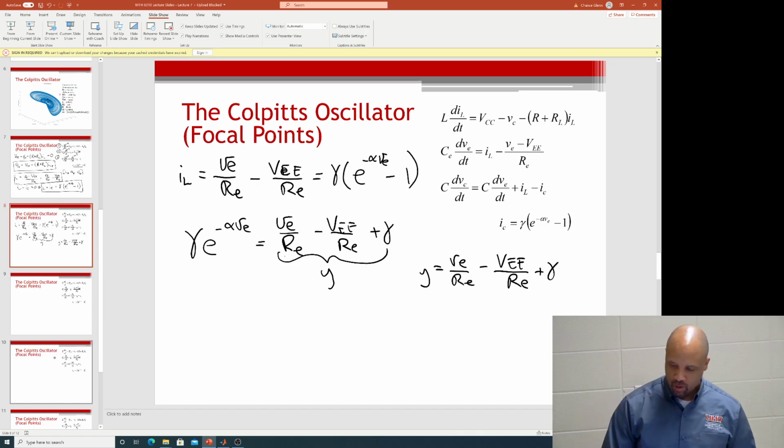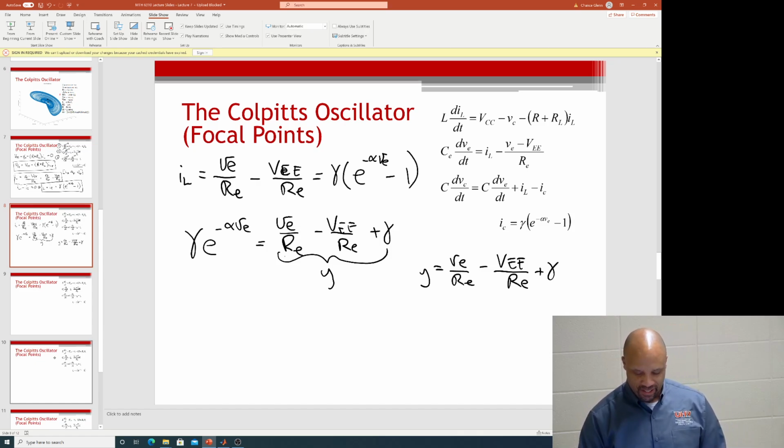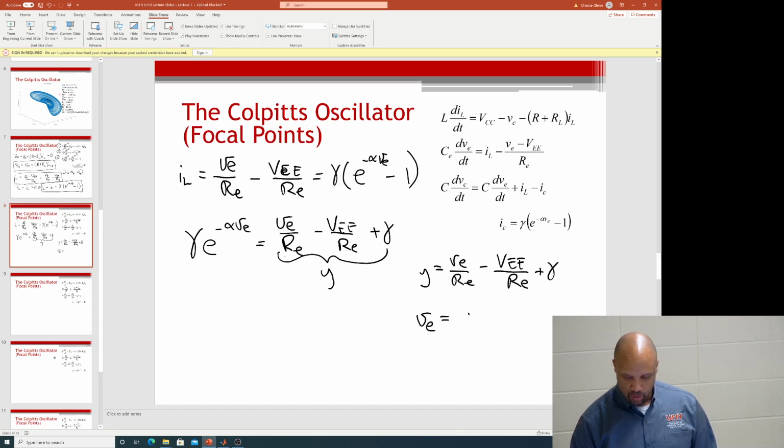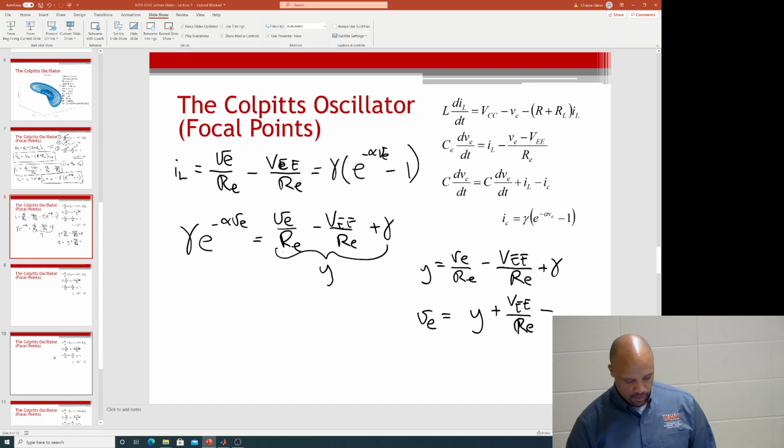Which we can now solve for VE in terms of that. And in that case, I'll say VE, we move all that over there with the y. So VE is going to be equal to y plus VEE over RE, move that, minus gamma.